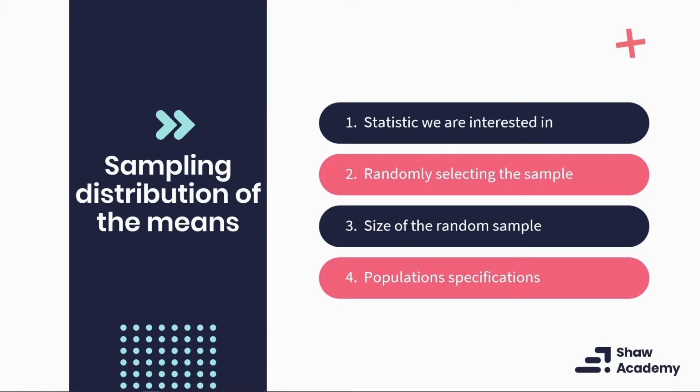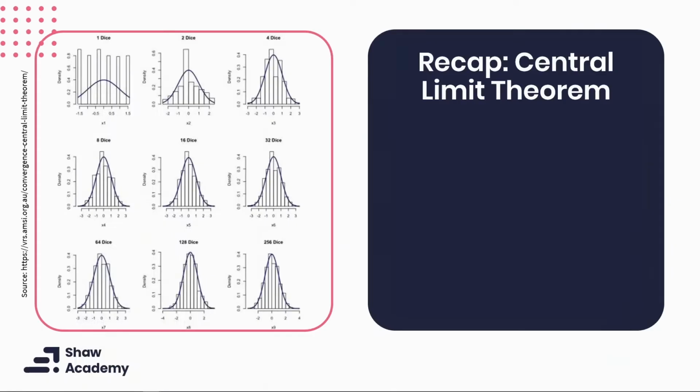Thirdly, we always aim to include a sample that is big enough according to the central limit theorem. And we define a sampling distribution through the specification of the population being sampled, meaning that the population specifications will in part determine the specifications for the sample.